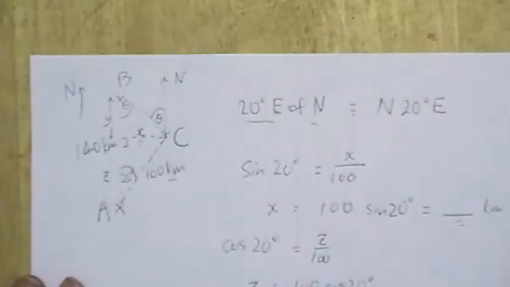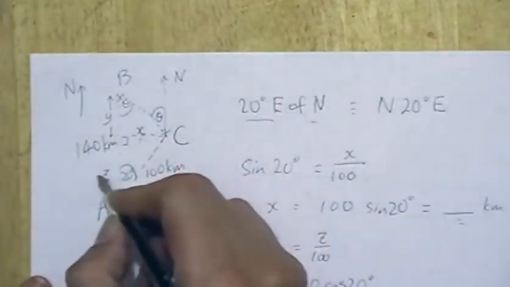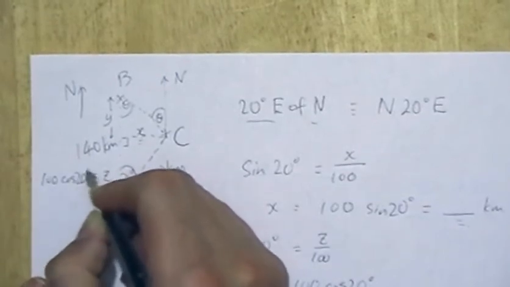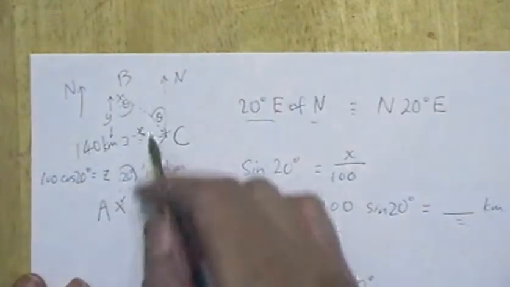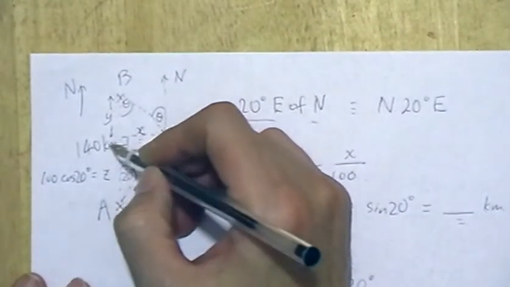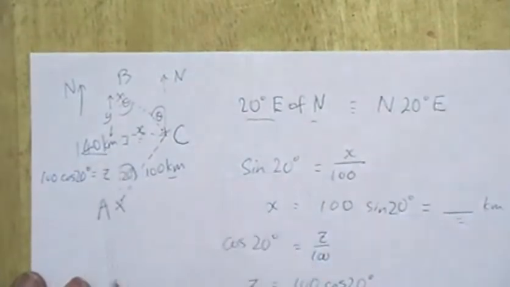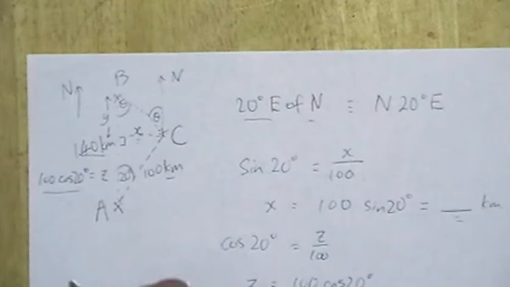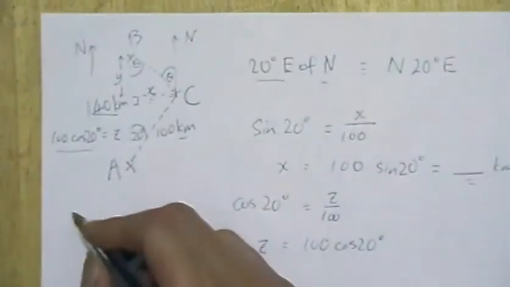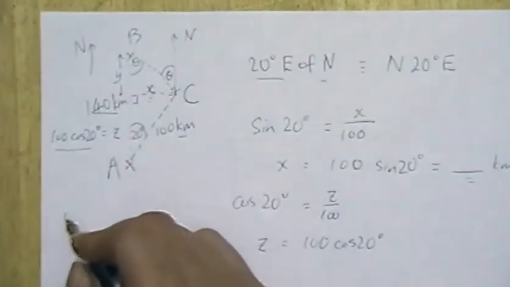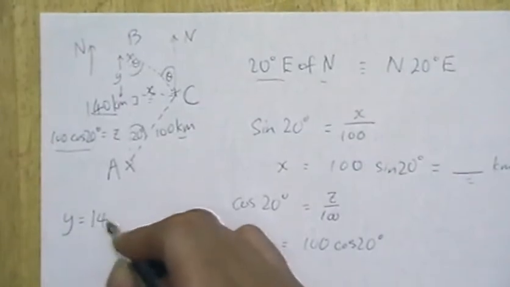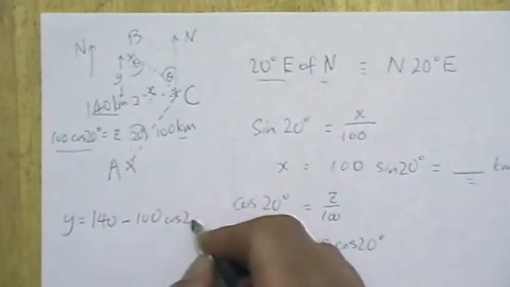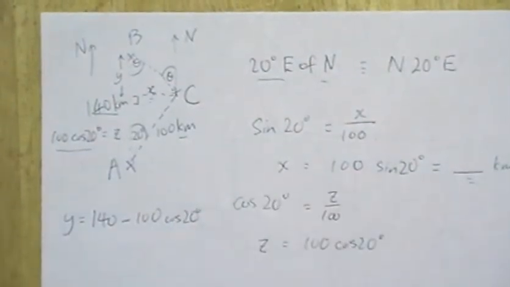So this means that we know that this distance is 100 times cosine 20 degrees, and therefore we can find y. Y would be 140 kilometers minus this. So let me write this down. Y would be 140 minus 100 cosine 20 degrees.